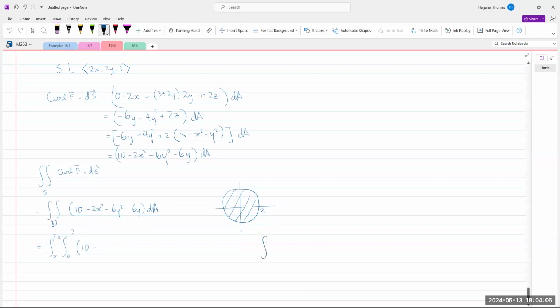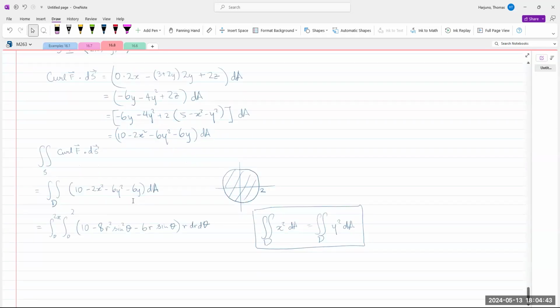I want to argue that the double integral of x squared dA equals the double integral of y squared dA on that domain D, because the domain is symmetric. So I can just say this is negative 8 y squared, which is r squared sine squared theta, minus 6r sine theta, times r dr d theta.